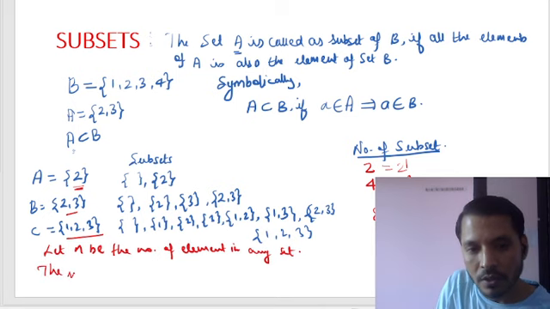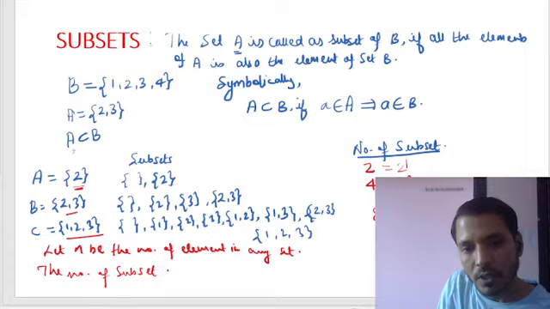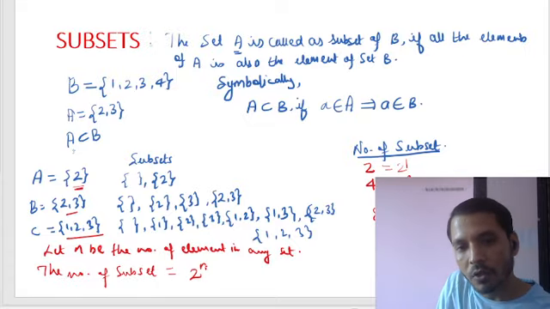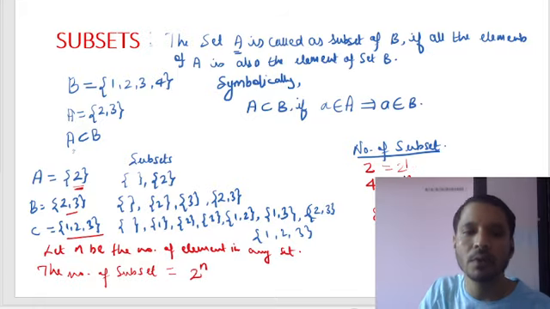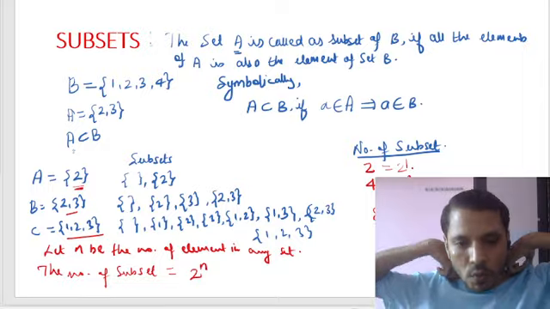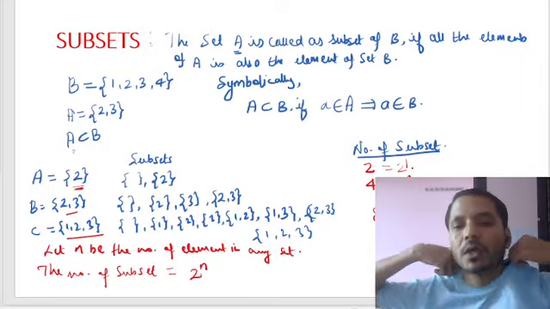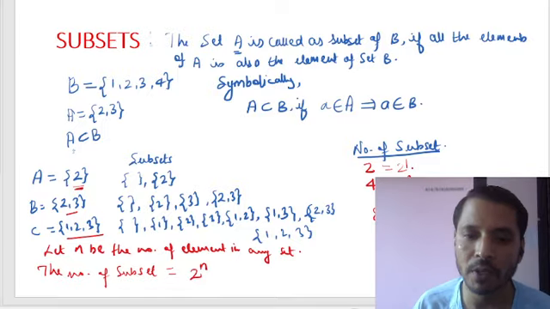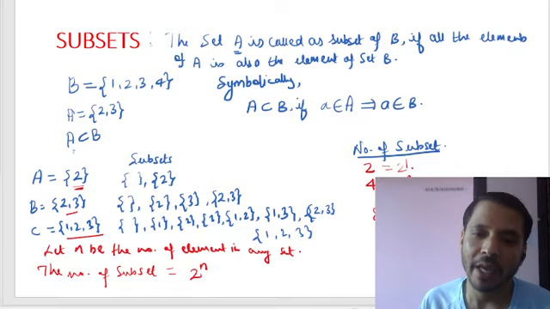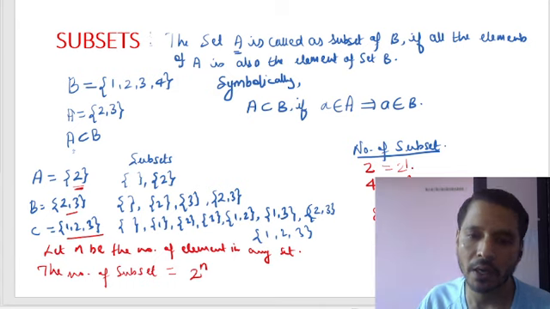The number of subsets will be equal to 2 to the power n, right? When the number of elements was 1, it is 2 to the power 1. When it was 2, it is 2 to the power 2. When the number of elements is 3, it is 2 to the power 3. So when the number of elements is n, it will be 2 to the power n.